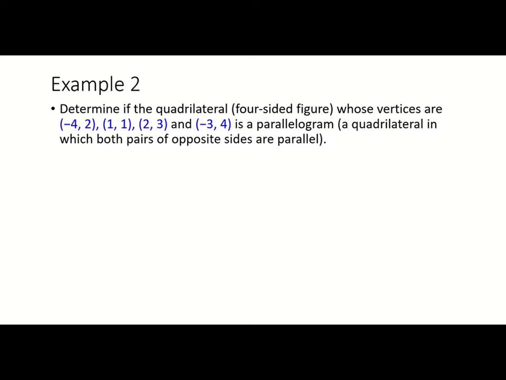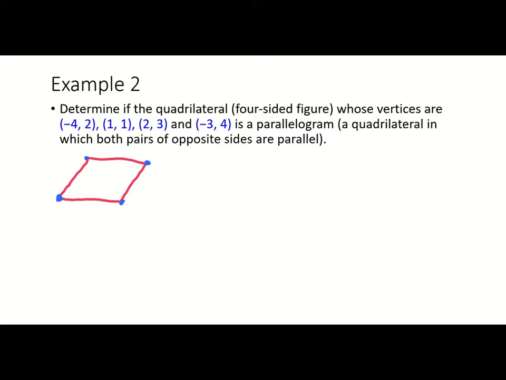So a parallelogram, and again, this is my drawing, so it's not fabulous, but it's something that looks similar to this. Opposite sides are parallel. So they want us to determine if the quadrilateral is a parallelogram. They gave us the vertices on the 4 corners of our quadrilateral.